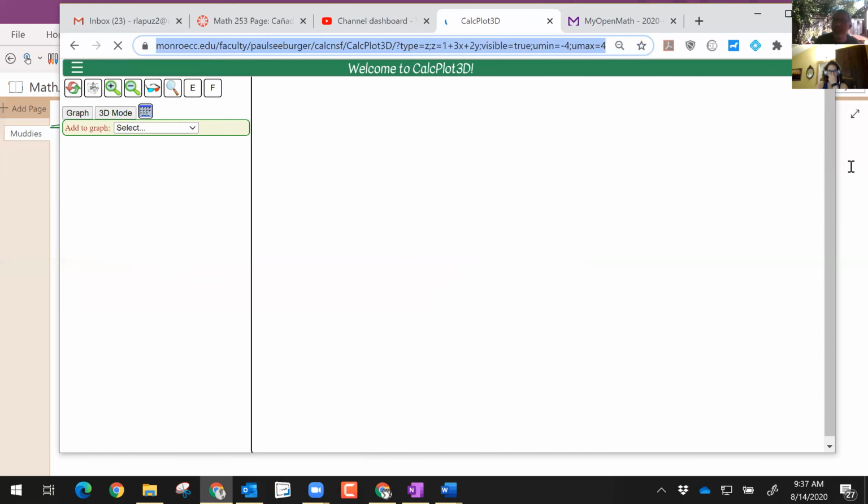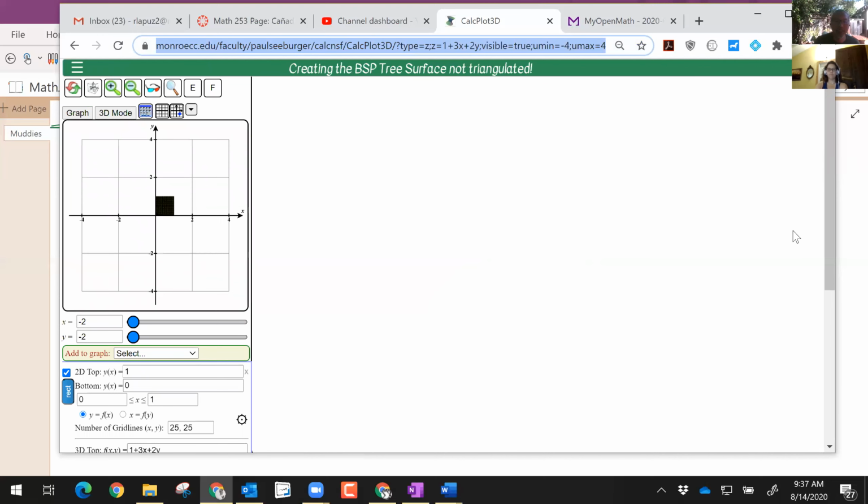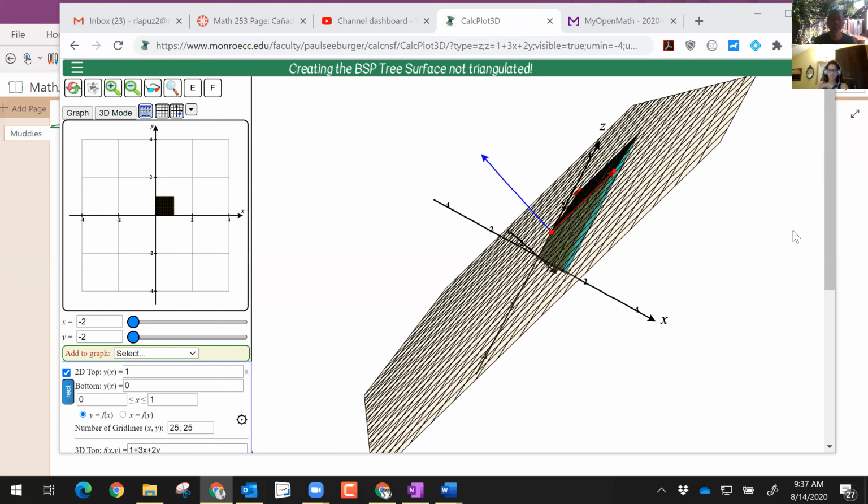And I will paste it in our chat, and then you can decide if you want to paste it into your own. If you're interested, it's there. Okay. But that allows you to view this thing.